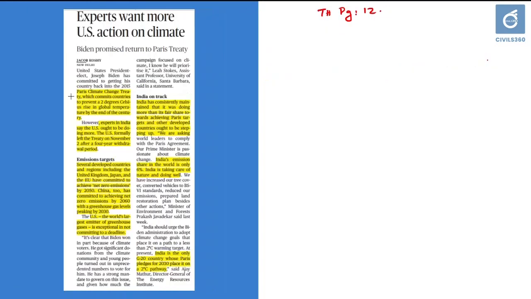Just go through that. Okay, this is another one still related to India and US, more focused on climate agreements, or why there should be an action from Biden related to the climate changes and climate agreements.